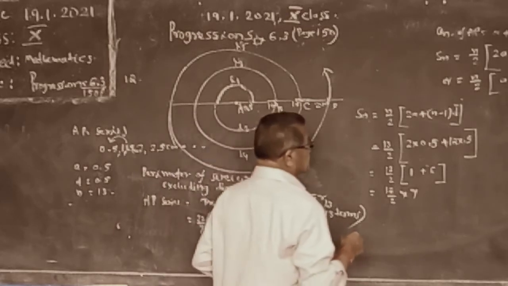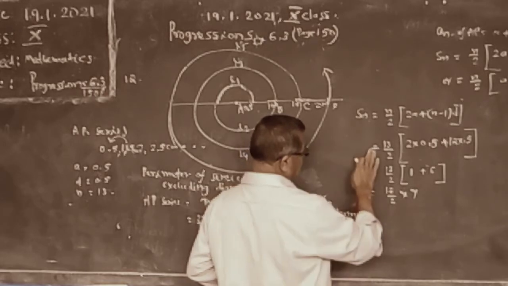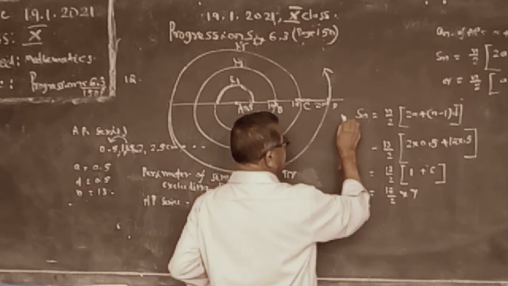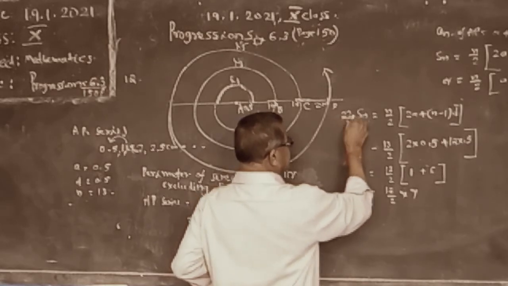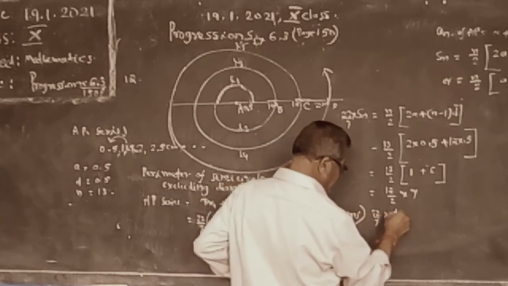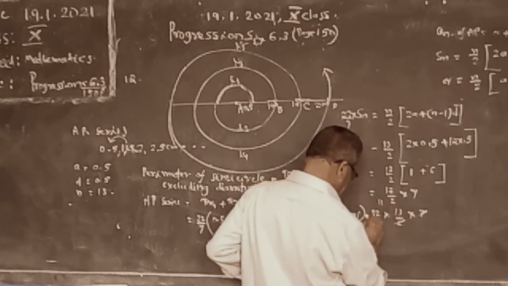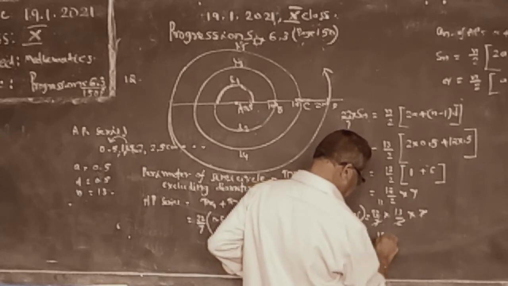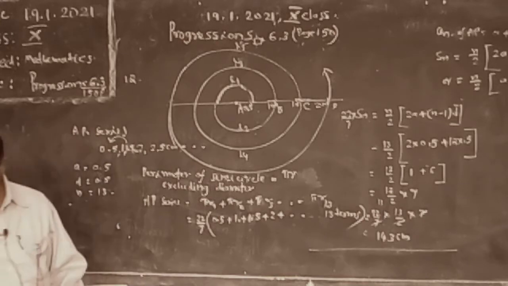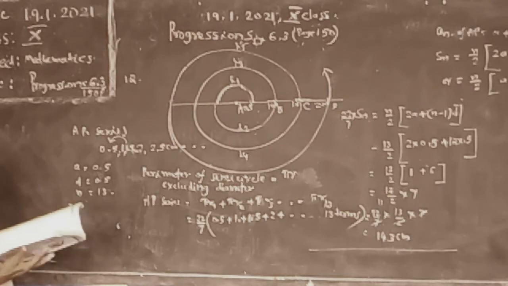And outside there is pi, 22 by 7 into 13 by 2 into 7. 7 cancels, 11 threes are 33, 11 fours are 143 centimeters. The sum of 13 spirals is equal to 143 centimeters.